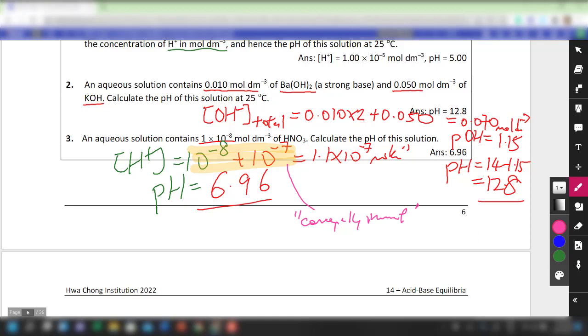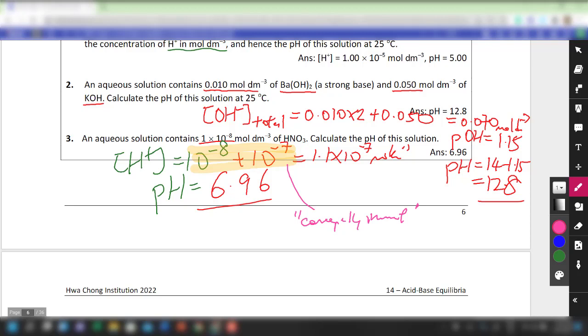Because the ionization of water, in this case 10 to the power minus 7, and the presence of the strong acid, which is nitric acid, will affect the auto ionization of water. When we are looking at the auto ionization of water alone, there is no excess of H plus or OH minus that will shift the position of equilibrium. Am I right to say that?